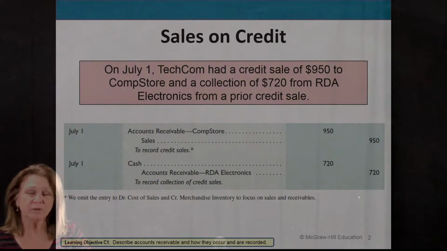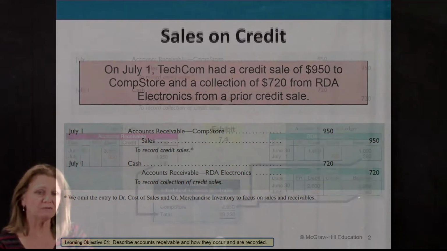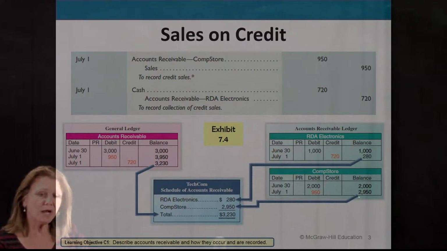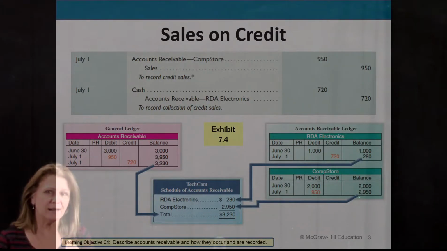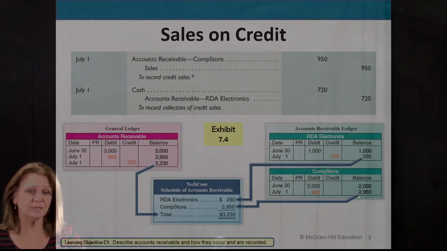That's pretty simple. Both of those companies had a certain amount of debt they owed you, and both of them paid. So when we're talking about sales on credit, we need to understand that not only do you have that T account or that ledger for accounts receivable, you have a separate T account for each company.